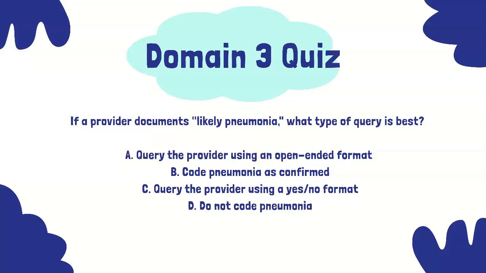If the provider documents likely pneumonia, in the inpatient setting, I should note that this question is about inpatient. What should the coder do? And this isn't even a query question, because it's really guidelines.